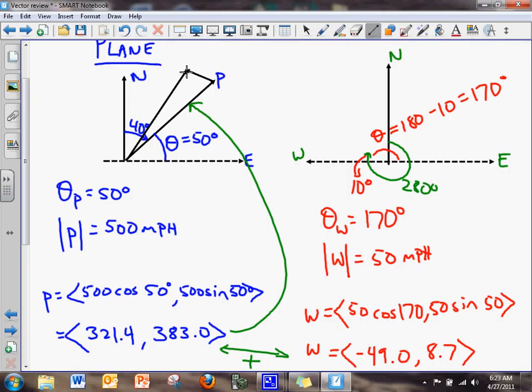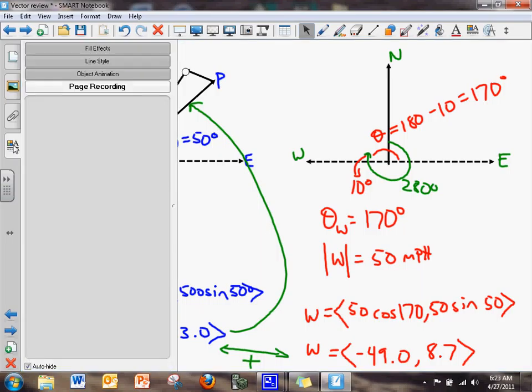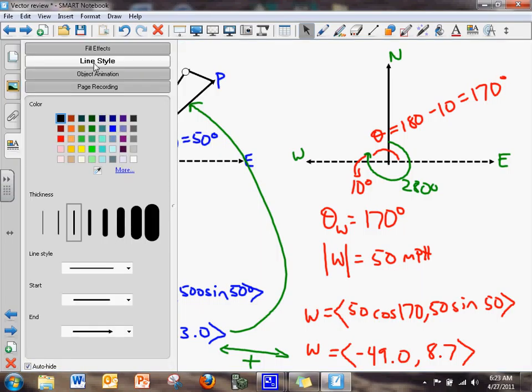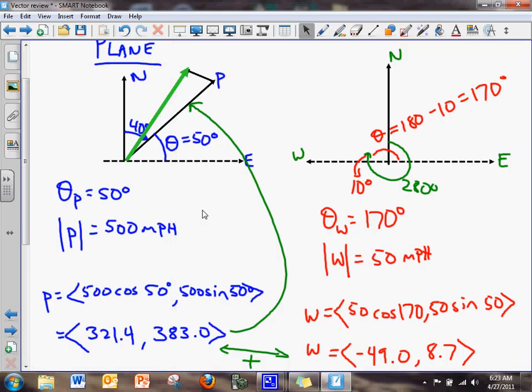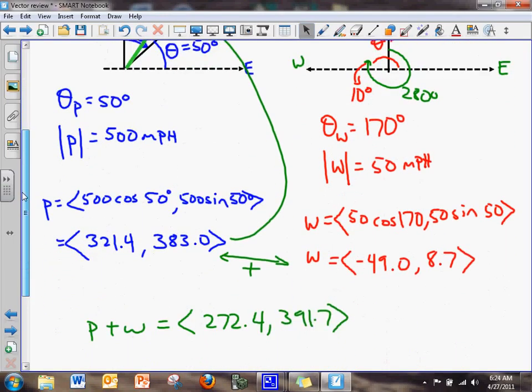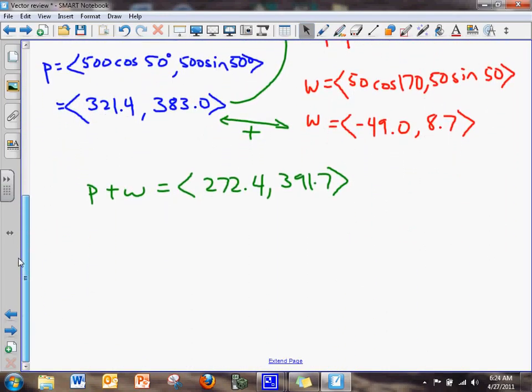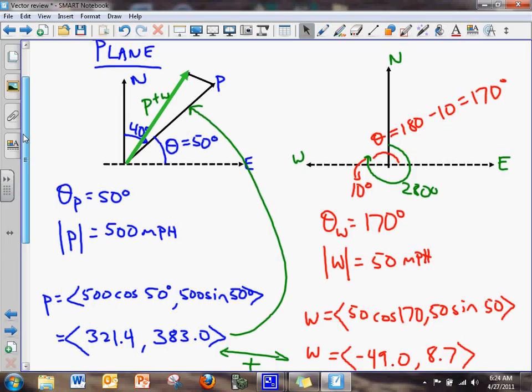That vector represents the actual path and speed of the plane. Let's make it big and bold. That's P plus W. So we're trying to find the direction, the angle of that, and the length of it to help us find the actual speed and path.